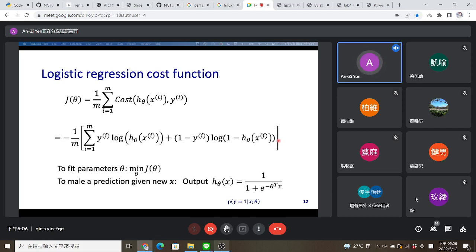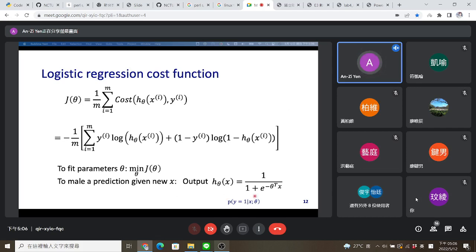Given this cost function, how can we fit the parameters? What we are going to do is try to find the parameter theta that minimizes the cost function J of theta. This gives us a set of parameters theta. Then if we are given a new example with some set of features, we can use this theta to output our prediction.